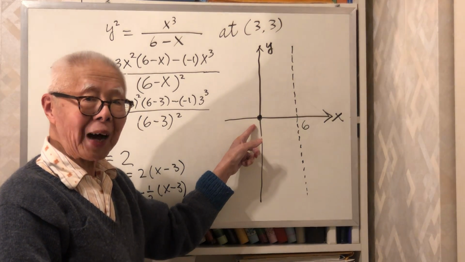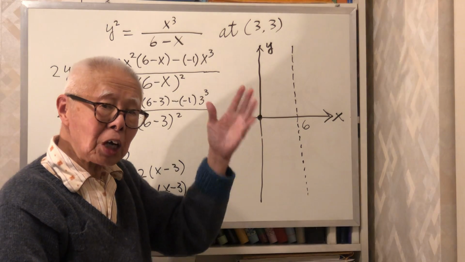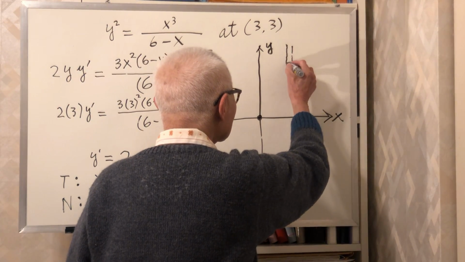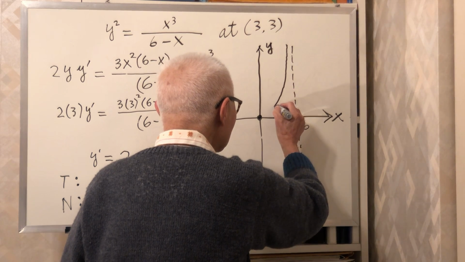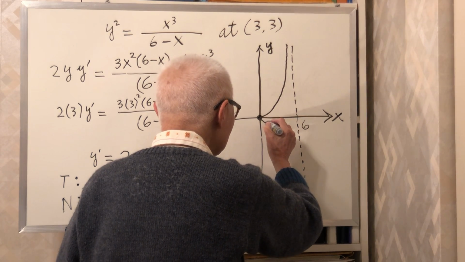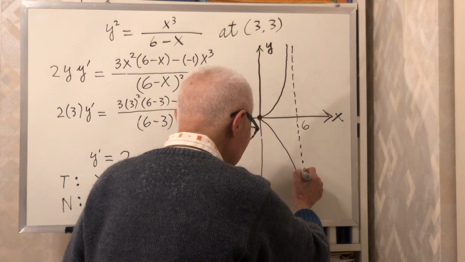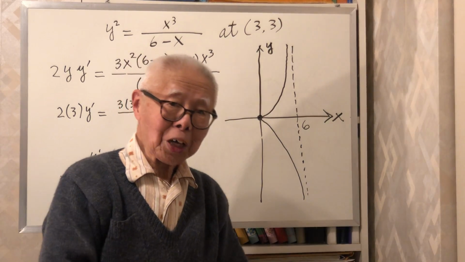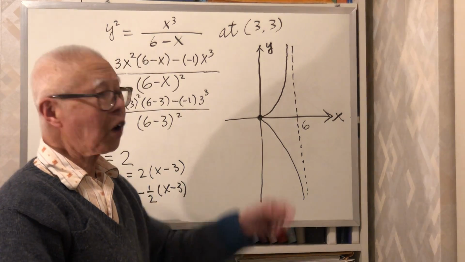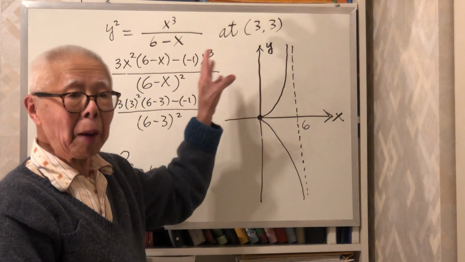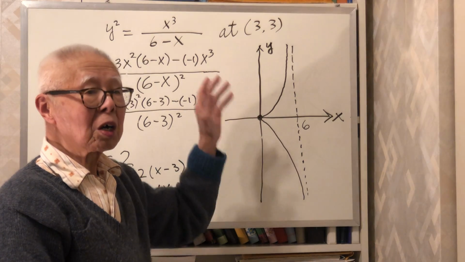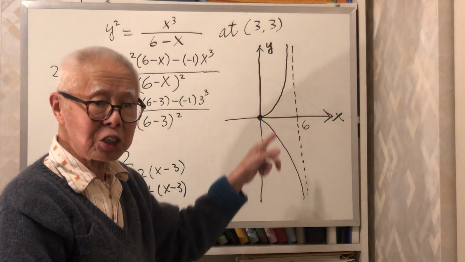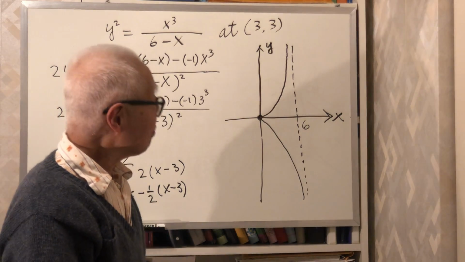The graph must pass through this. So what is the shape? That is the shape. Okay? Just from the discussion of the properties of symmetry, of asymptote, and so on, you can see that this is the graph.